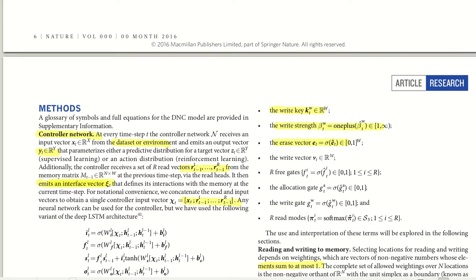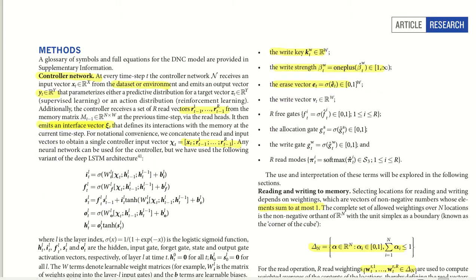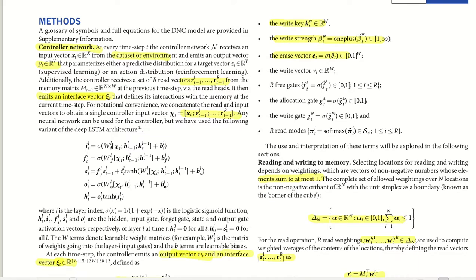First of all, the controller network, as we said, is only an LSTM with normal gates: output gate, forget gate, and so forth, and the hidden state.